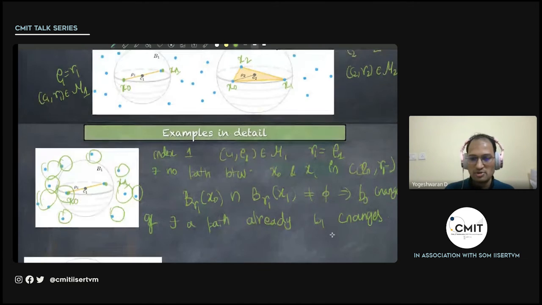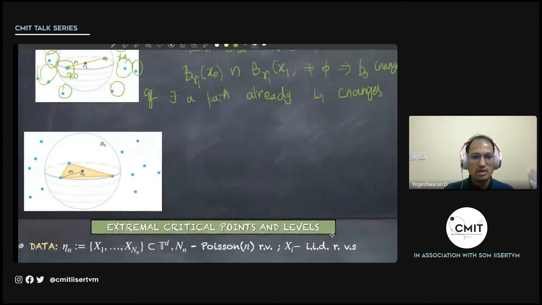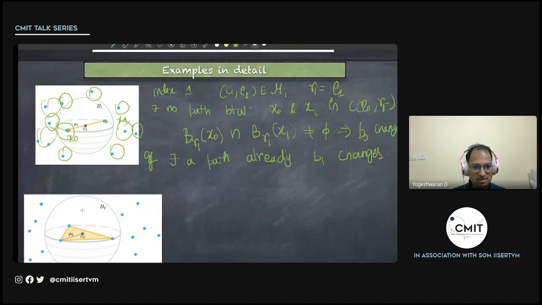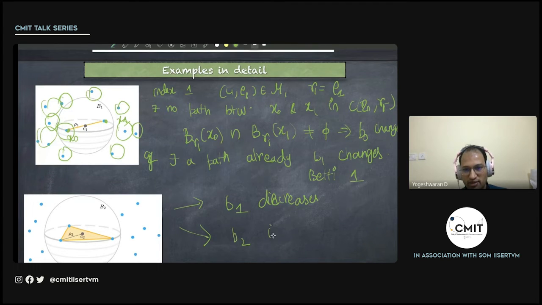Okay, so that is good. And similarly here, B0, B1 are Betti 0 and Betti 1. Similarly here, either B1 increases, and as you can see, what's happening is very specific, or B2 increases.